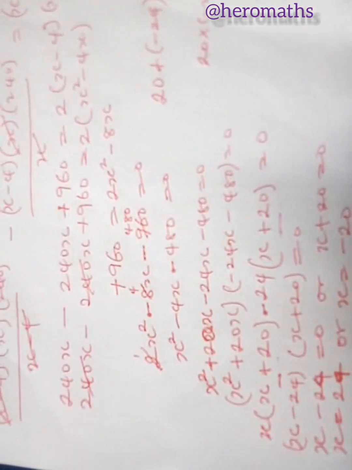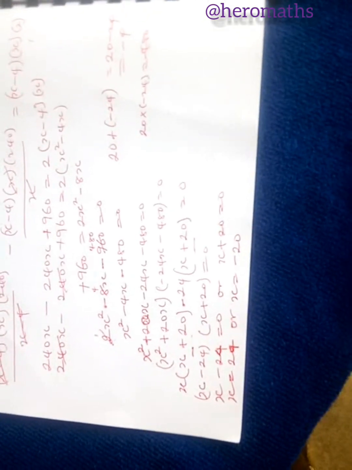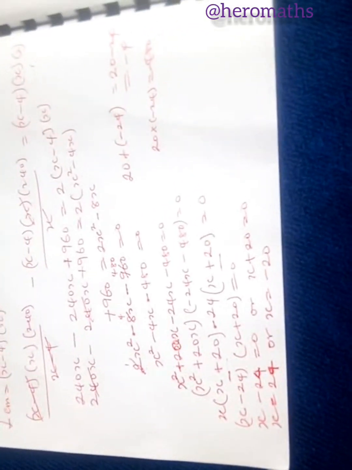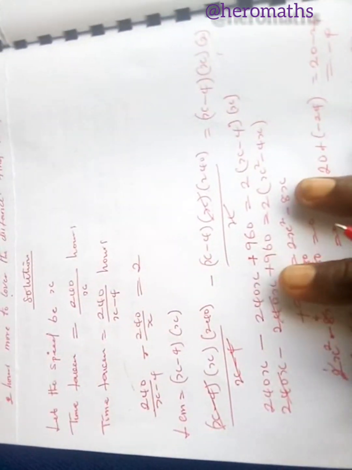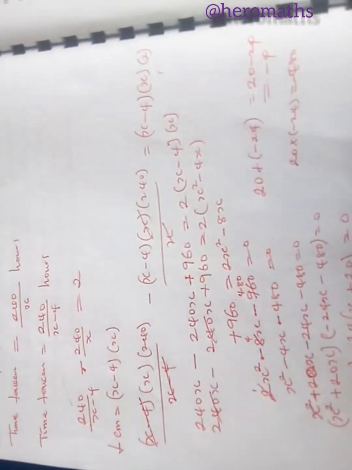This 20 is crossing the equality sign. Now for the quadratic equation, we have gotten two roots, but our x is supposed to be our speed, and the speed can't be minus. So now our speed is 24.